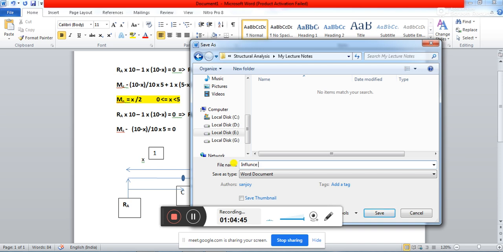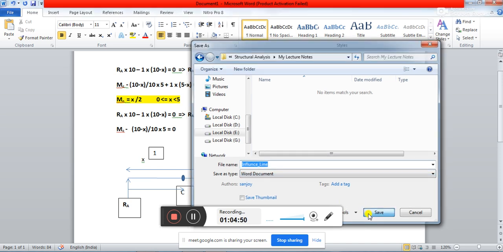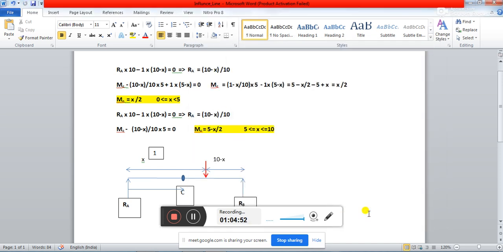Yes, sir. So in today's quiz I will give one question. We have found out the influence line of reaction at support A. Now I will give you a question to find out the influence line for support reaction at B. Just calculate the values and write the different values of influence line at x equal to 0, x equal to 0.5, x equal to 2.5, x equal to 10.